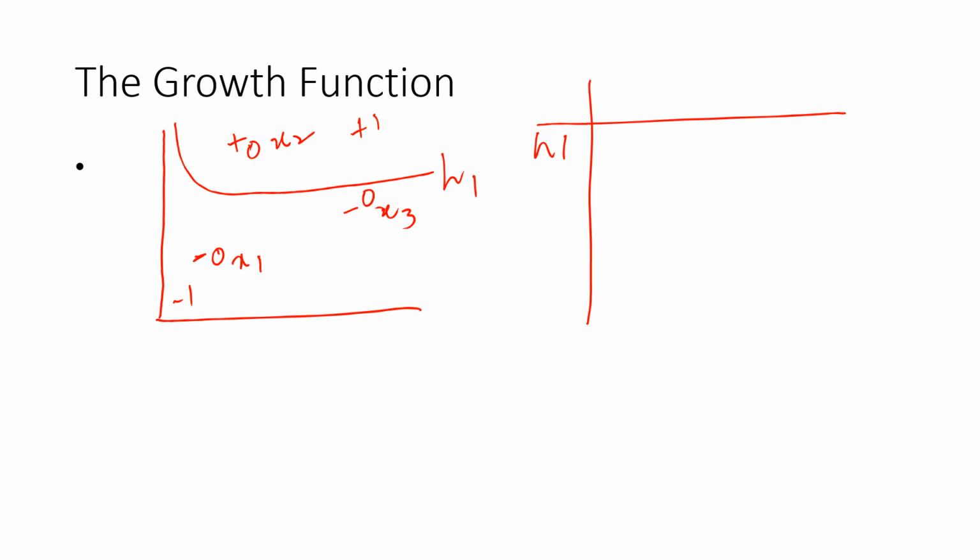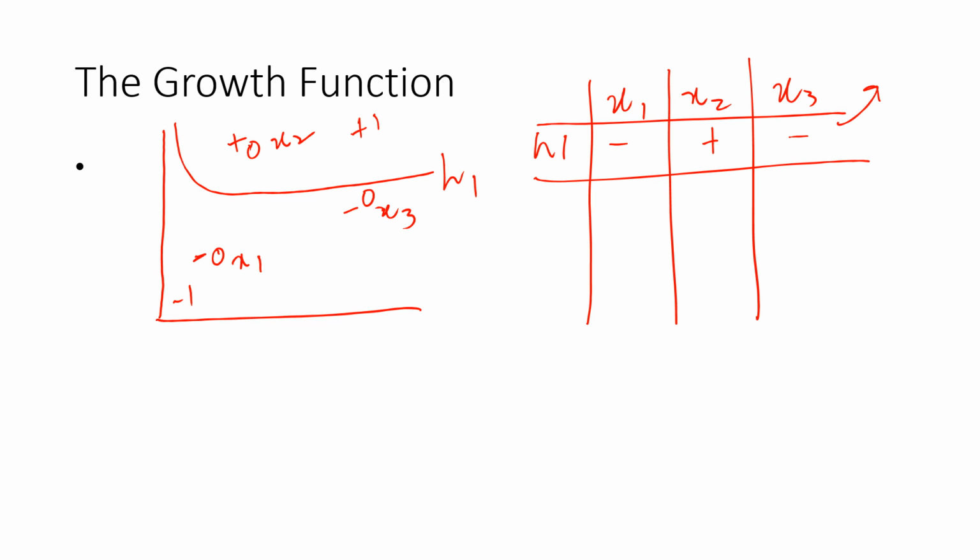And so that's why each hypothesis implements a dichotomy in my input space. For example, x1, x2, x3, right? So in our example, x1 is negative, x2 is positive, x3 is negative, right? So this line is known as a dichotomy that has been implemented by h1.